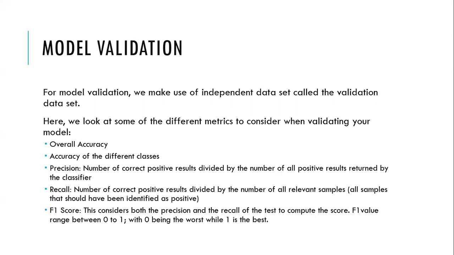How good is it predicting whether it's 1 or 0? Those type of conditions, that's what we look at. Then we look at the precision. The precision is the number of correct positive results divided by the number of all positive results returned by the classifier. We have the recall and we also have the F1 score. Those metrics are all provided in Alteryx. They help us understand how well our models are performing, whether the model is performing well enough or not.